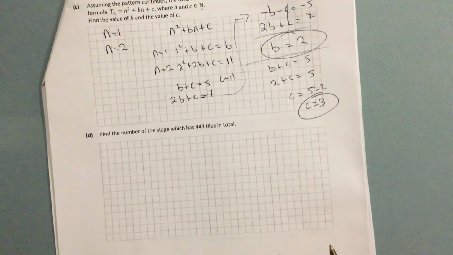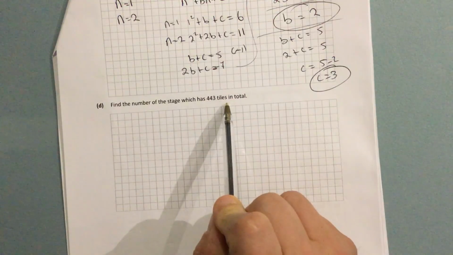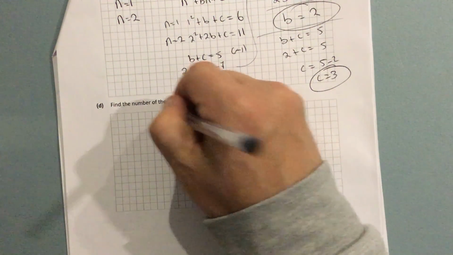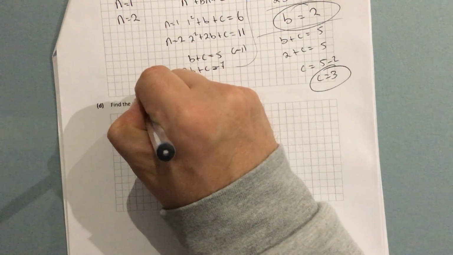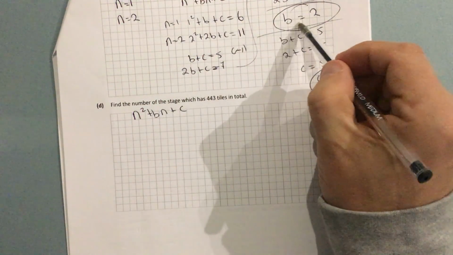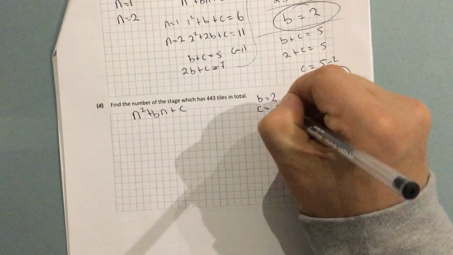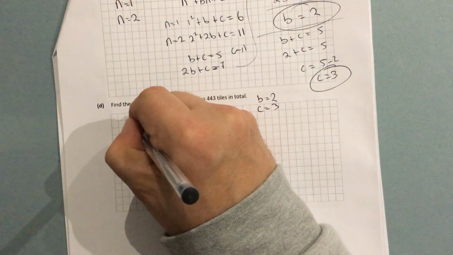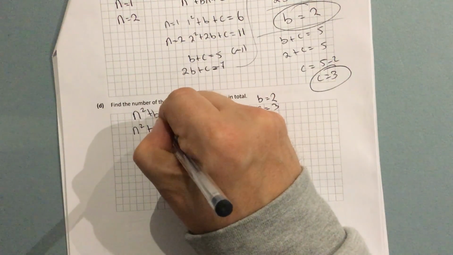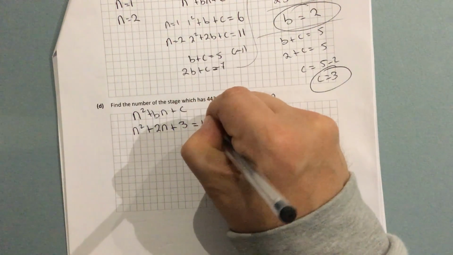So next part of the question says find the number of stages which has 443 tiles in total. Okay, so if we go back here to n squared plus bn plus c, we know that b is equal to 2 and c is equal to 3. So therefore I can say n squared plus 2n plus c, which is 3, is equal to 443.